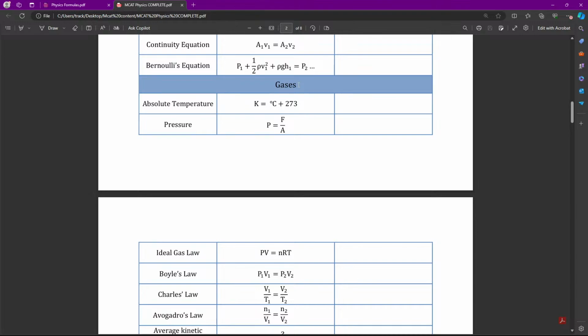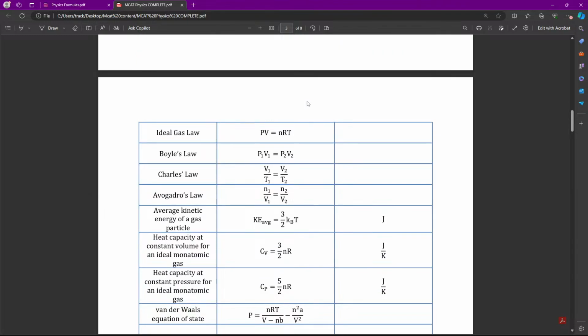Gases. Absolute temperature in K is Celsius plus 273. Pressure is force divided by area. Then PV equals nRT. Boyle's law is P1 V1 is equal to P2 V2. Charles' law is V1 over T1 is equal to V2 over T2.